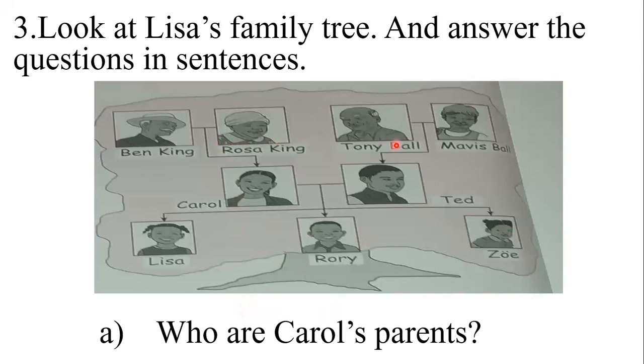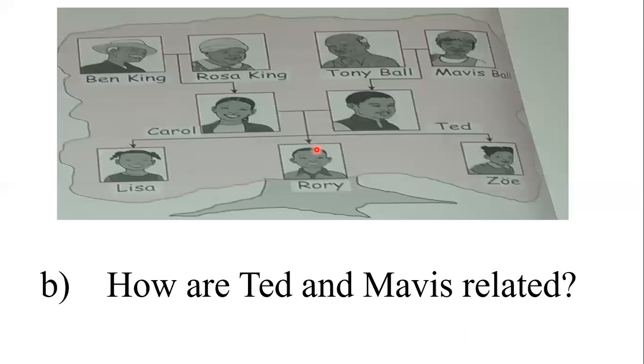So write the correct answer on the lines provided at A. B, how are Ted and Mavis related? Here is Ted and here is Mavis. Is Mavis Ted's mother or is Mavis Ted's sister? Write the correct answer at B.